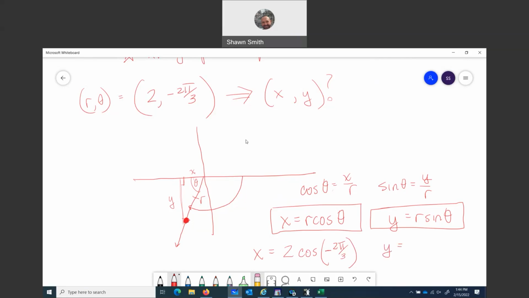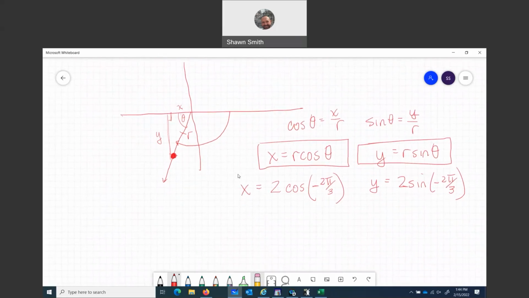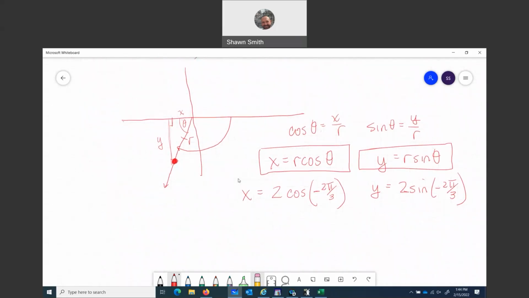Our y will be equal to 2 times the sine of negative 2 pi over 3. All right, cosine of negative numbers is the same as cosine of positive numbers, if you recall. They're even functions.